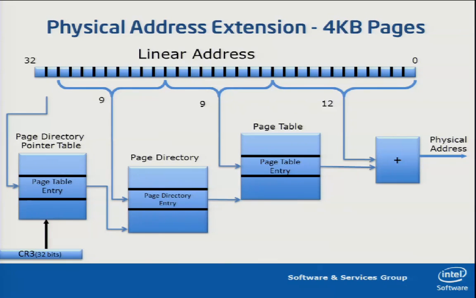This is how it is done in the CPU. Why actually 4K? 4K is the 12 bits in the last bits of the linear address. So this is the address that the process sees. You are asking for a C pointer at the address 0x something, and the last 12 bits of it we'll take to map a physical address.